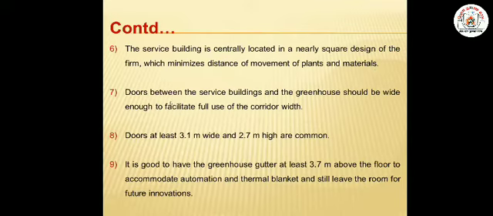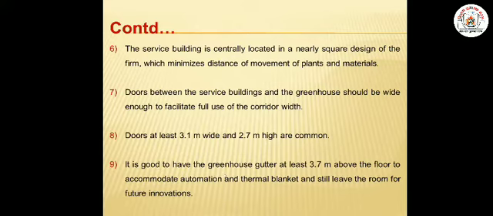Here, the doors between the service buildings and greenhouses should be wide enough to facilitate full use of corridor width. Here, dimensions of the doors are given. Doors having 3.1 meter width and 2.7 meter height are more common in use.